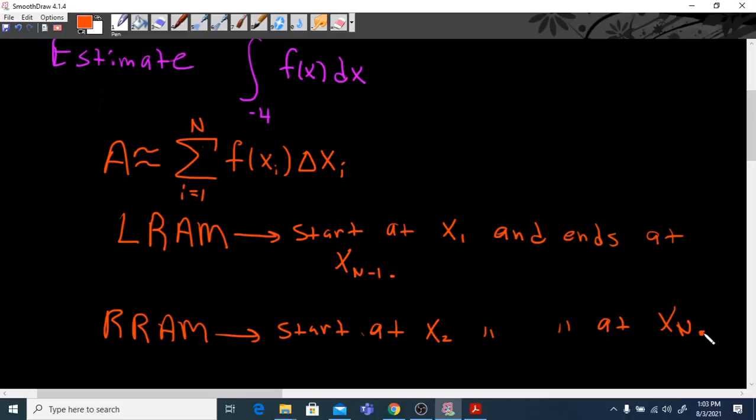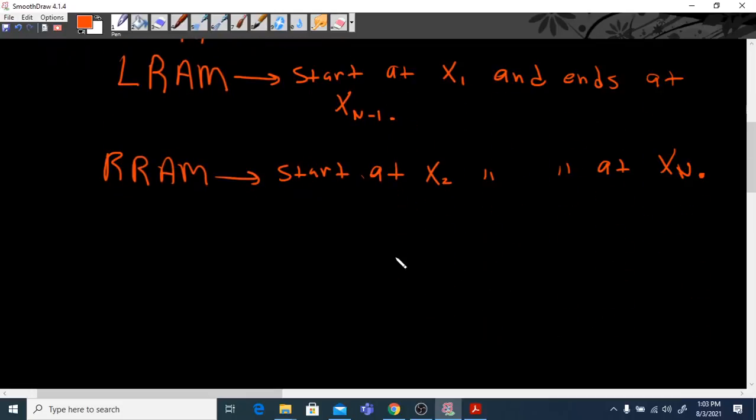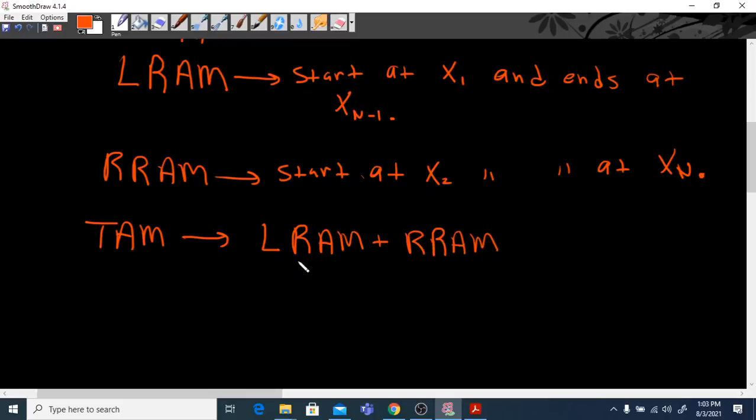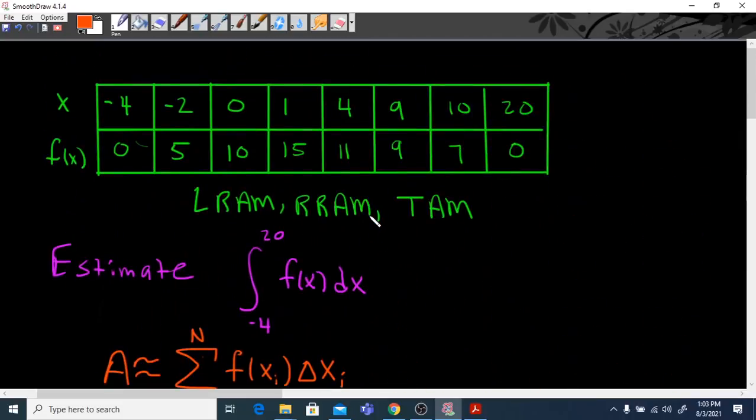These are the only differences between the two. Finally, the trapezoid approximation method is, by definition, the left rectangle plus the right rectangle, divided by 2. We'll explain more of this as we go.